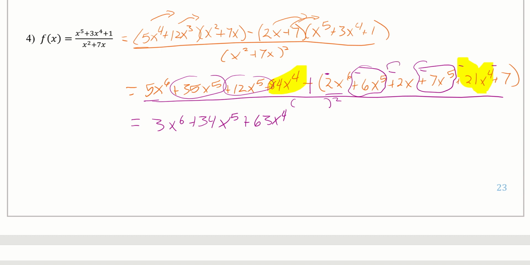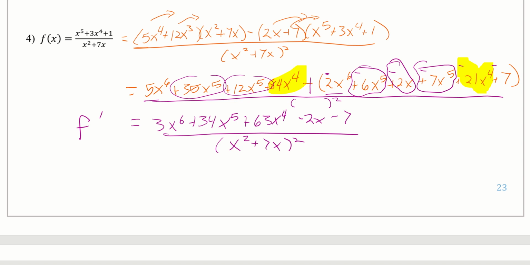So the only two things I have left is this one, so minus 2x, and then the 7 at the very end there, minus 7, over x squared plus 7x squared. And that is your derivative. Cool? Okay, so quotient definitely it's a lot beefier than the other rules.